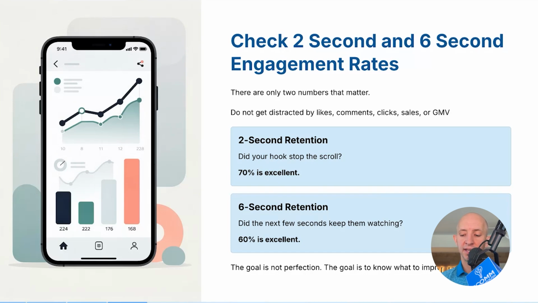We've also seen videos do well that, at 6 seconds, have a 30 or 40% engagement rate. So I'm not saying that you always have to hit these metrics, because sometimes you'll have a decently performing video but it's at a 50% engagement rate at 2 seconds and then a 40% engagement rate at 6 seconds. That's okay. But these are the gold standard numbers to try to hit.